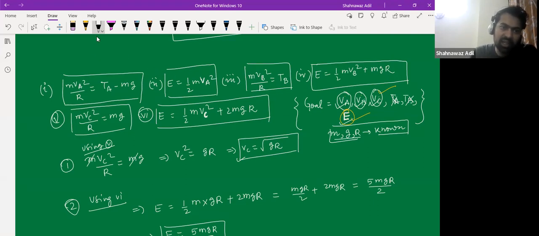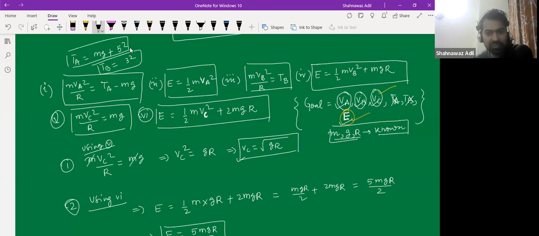So if I take this thing to the other side, TA is mv square by r plus mg, and we know that mv square is, let's say, 5 square, and TB is simply 3 square. So which one is greater, guys, TA or TB? TA, right? Absolutely right.